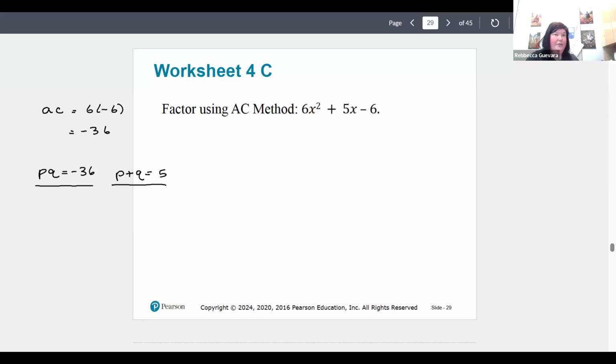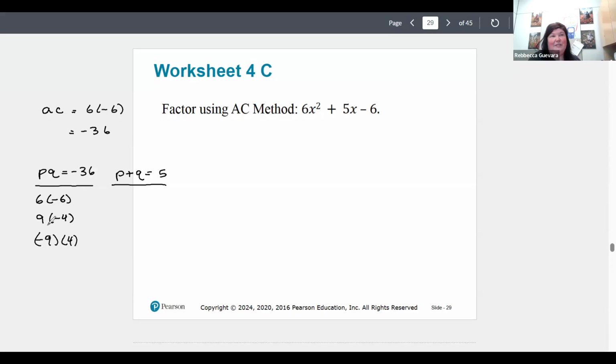So we're going to have our choices. We need a negative, right? Well, 6 and negative 6, we know we can try that. We can do 9. Oh no, we have one that works. We have the 9s. And like I said, just remember you can flip them.